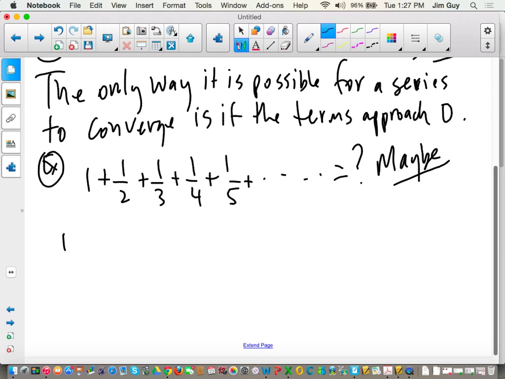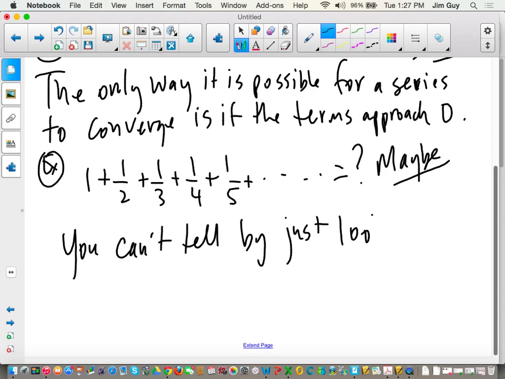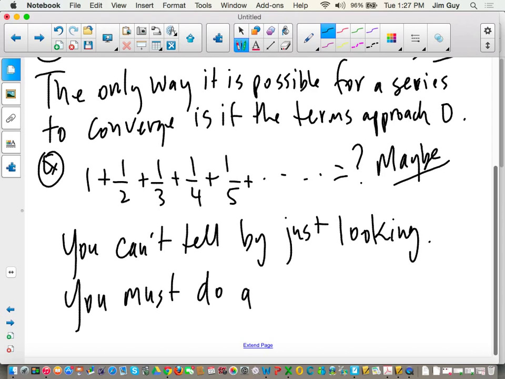Here, first of all, just write down, you can't tell by just looking. You must do a test. And by a test, I mean like a procedure, a way of evaluating if it converges or not.